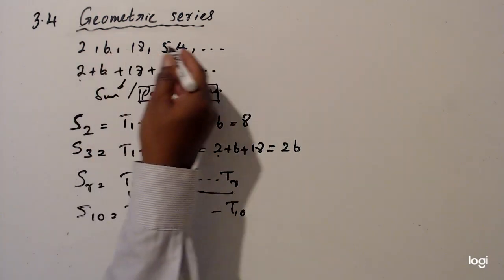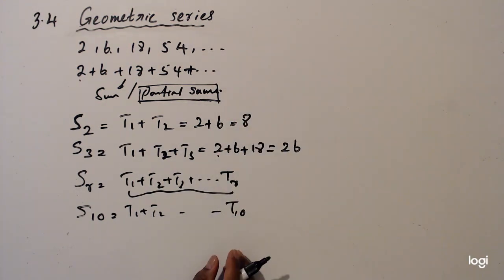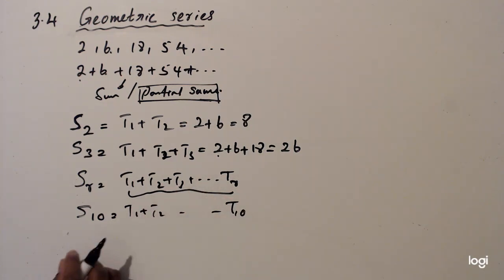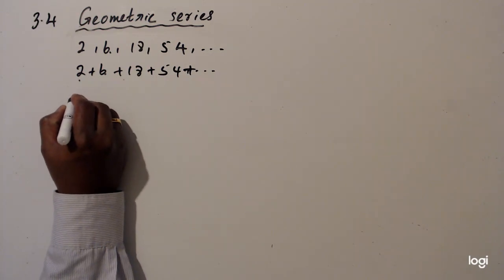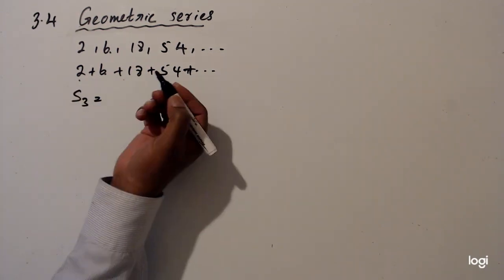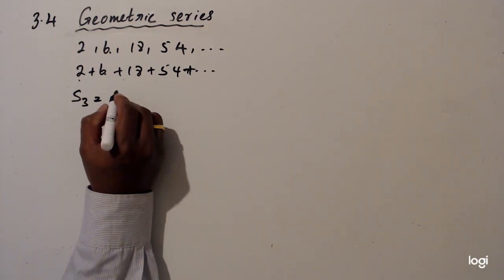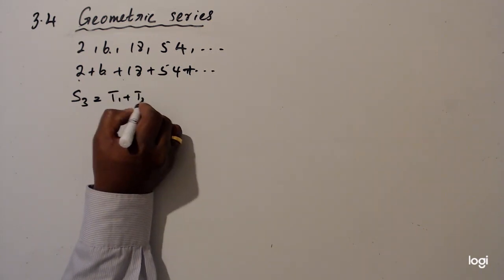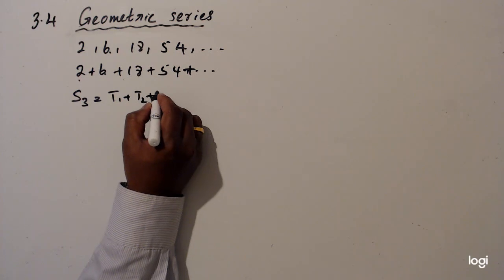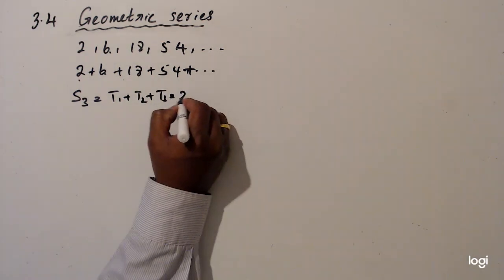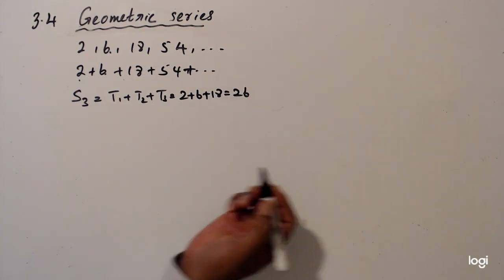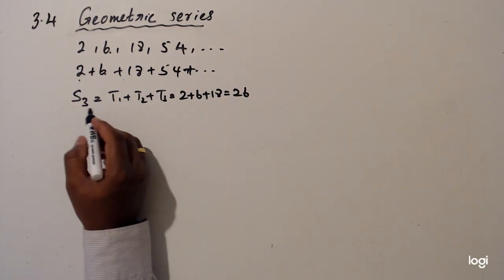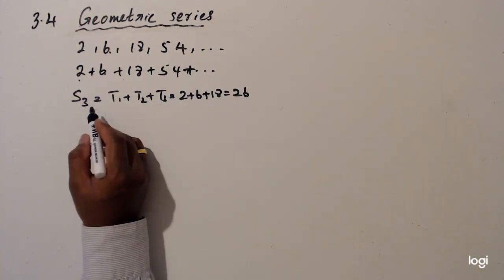But we don't know the other terms, so we'll work it out differently. We know that S3, the partial sum of three terms, is T1 plus T2 plus T3, that is 2 plus 6 plus 18, that is 26.